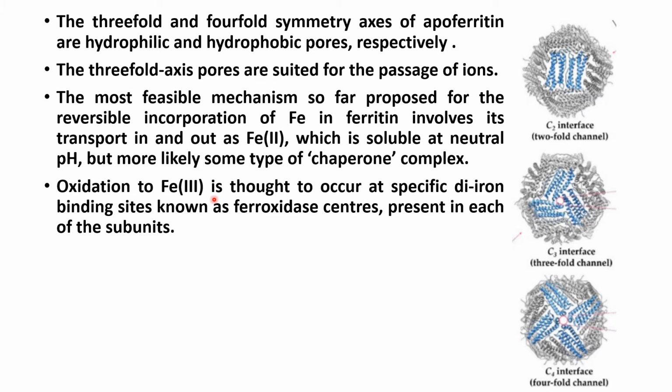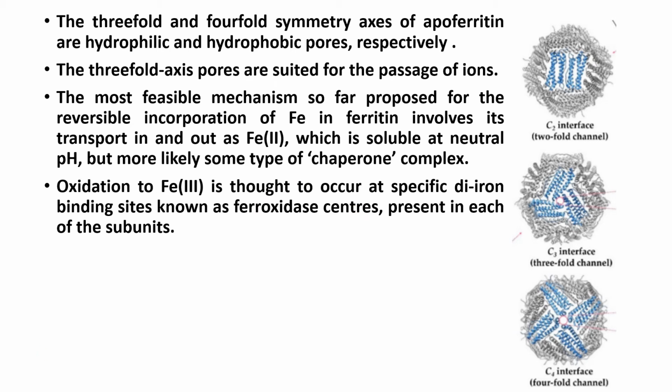Oxidation to iron 3. We know iron 2 is transported in and out of the cell. It will definitely oxidize to iron 3. The oxidation to iron 3 is thought to occur at specific di-iron binding sites, which are known as peroxidase centers. What is a peroxidase center?